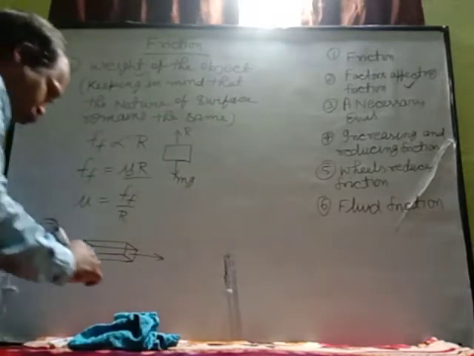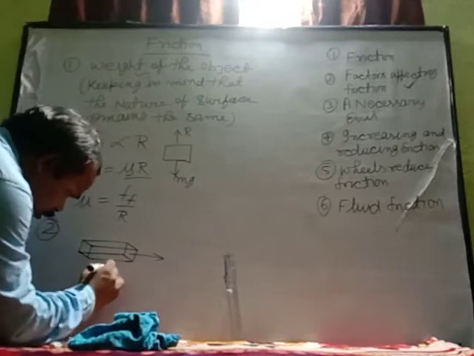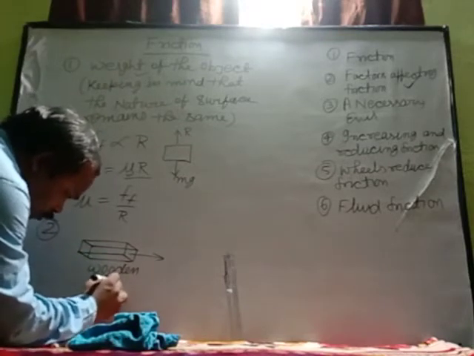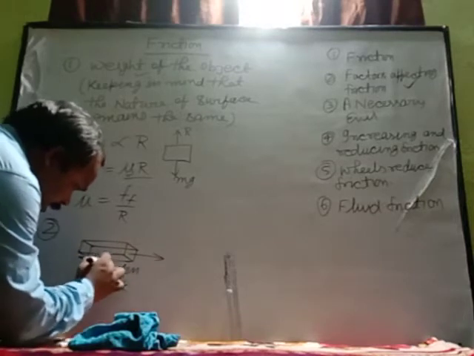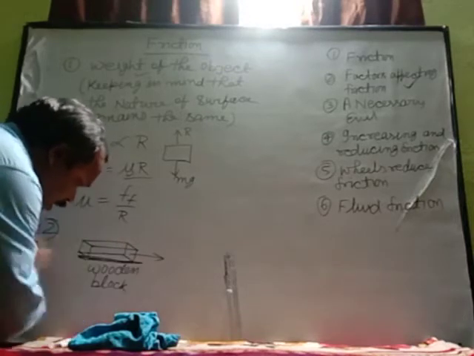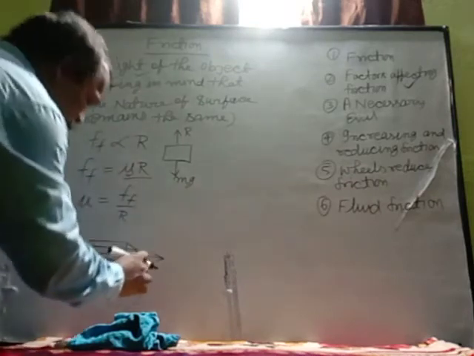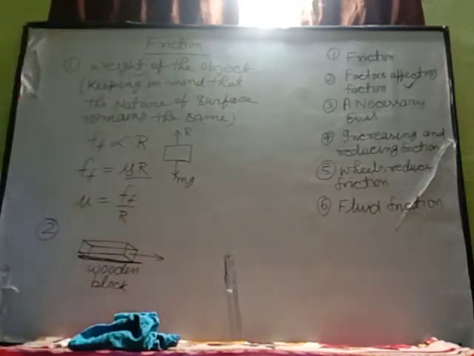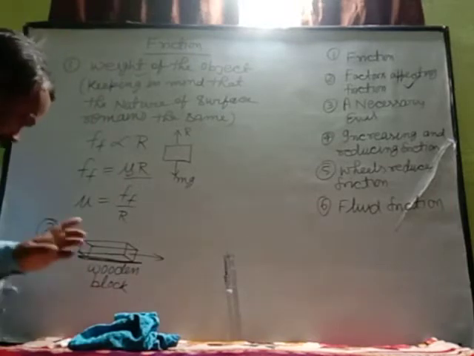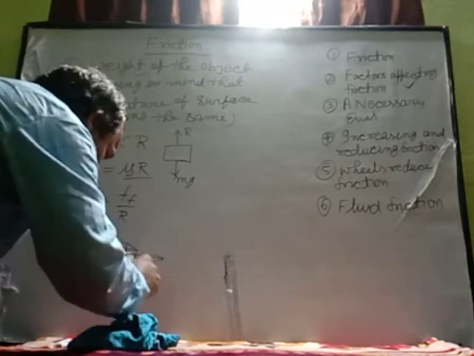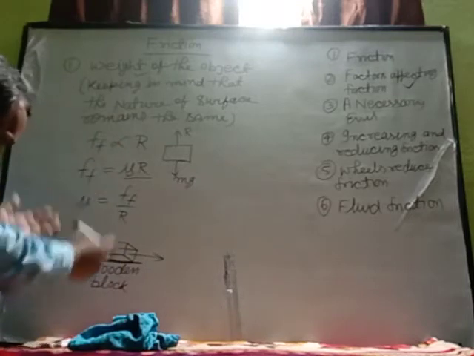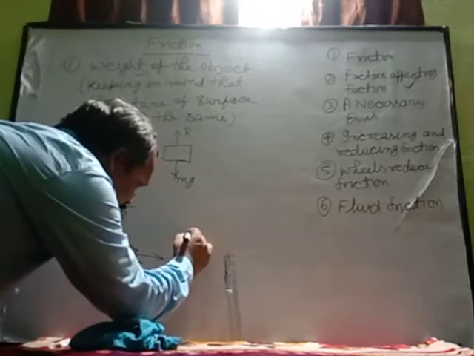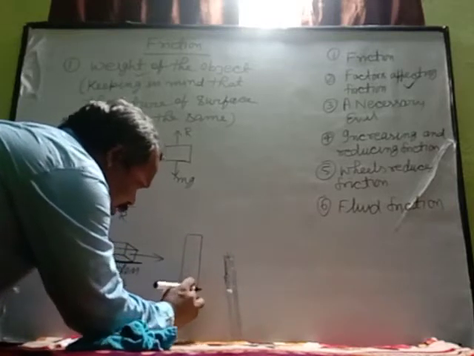So suppose it is a wooden block, meaning the nature of the surface is wooden. So you record the value of force of friction in this case, and now you change the area in contact, nature will remain the same. Suppose now this body is something like this, in this way.